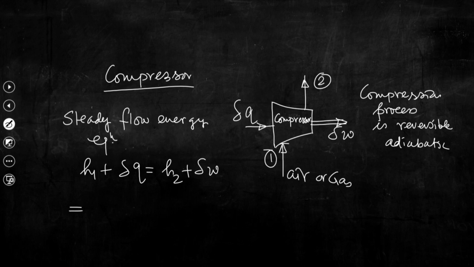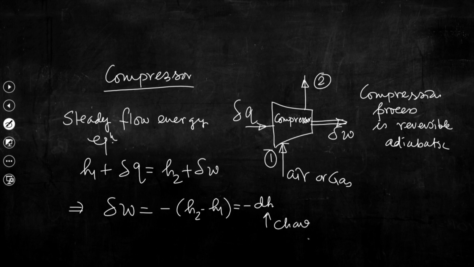So, that means delta W equal to minus H2 minus H1, that is minus dH. Change in enthalpy of the working fluid as the state changes from 1 to 2. So, this is basically change in enthalpy.